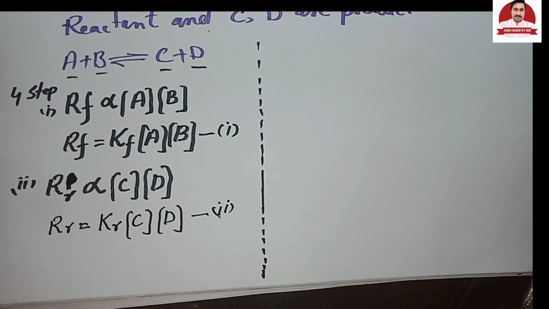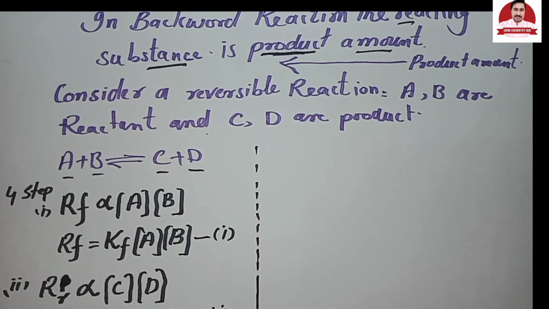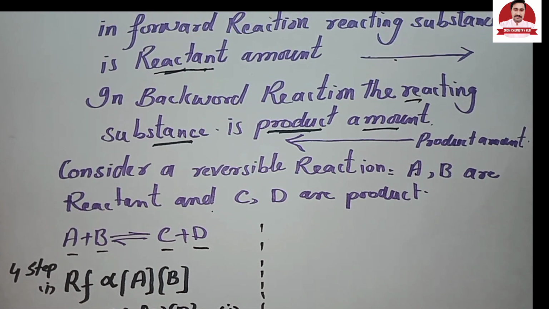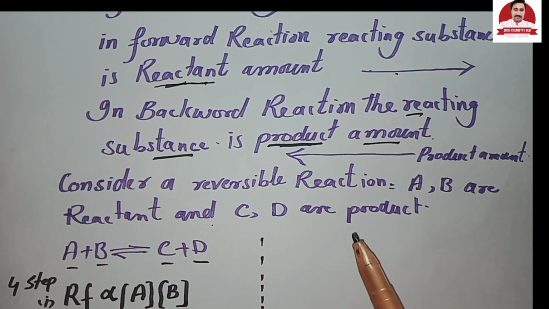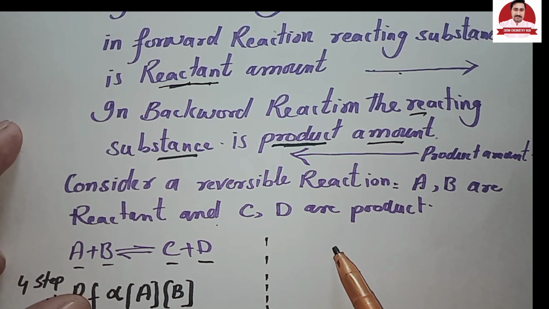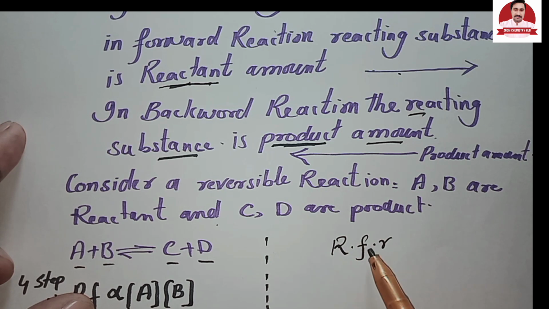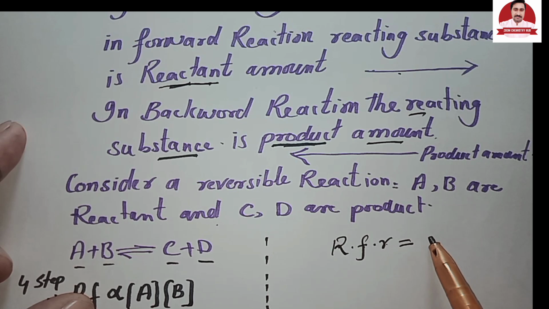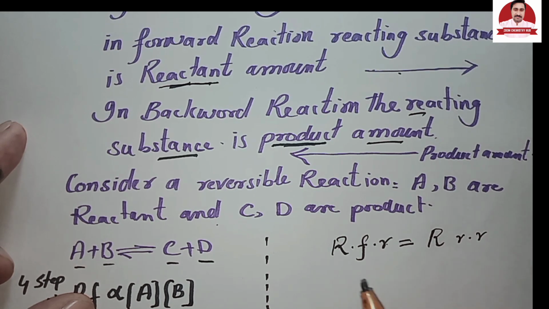Now, according to the reversible chemical reaction, at equilibrium the rate of forward reaction is equal to the rate of reverse reaction. So we write here: rate of forward reaction is equal to rate of reverse reaction.